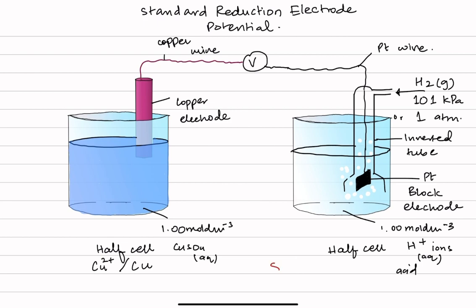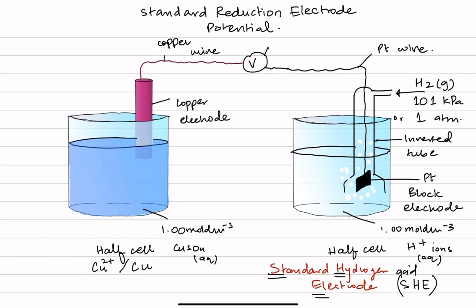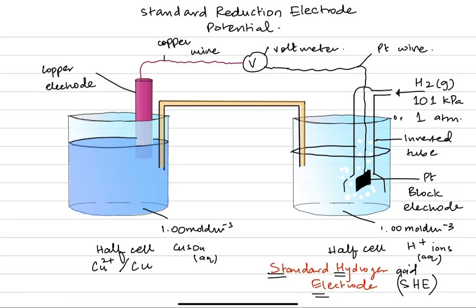But the condition is that you should have hydrogen ions in it at 1 mole per dm cube. This half cell is known as standard hydrogen electrode, SHE. So SHE, standard hydrogen electrode, has some conditions: the pressure, the temperature, and the concentration of hydrogen ions.